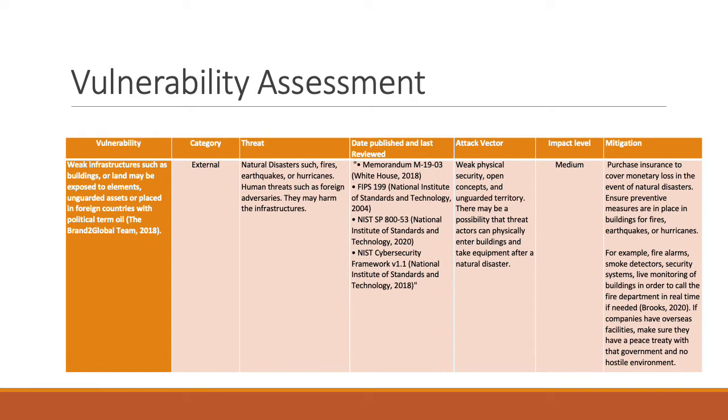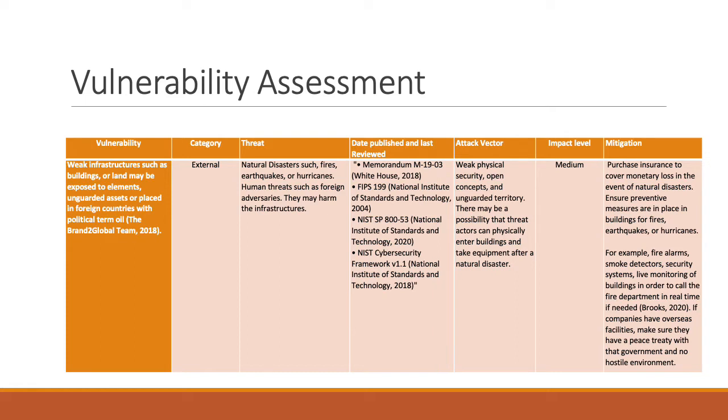So foreign adversaries can potentially enter the buildings or cause physical damage to buildings or infrastructure or different lands. This is an external threat that can occur. There are laws that specifically talk about how to reinforce and what the standards are for keeping such buildings safe.